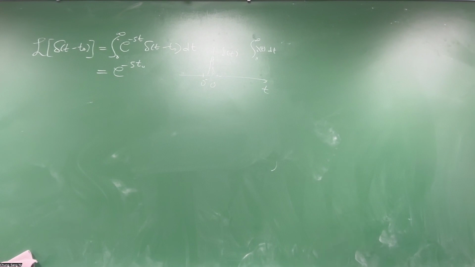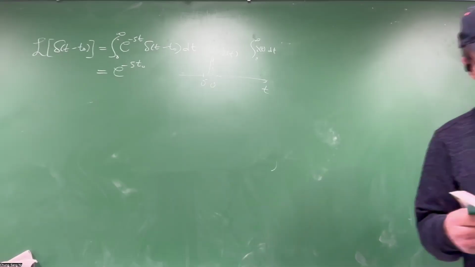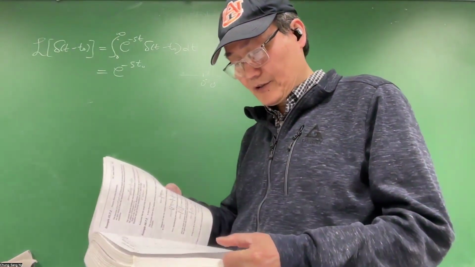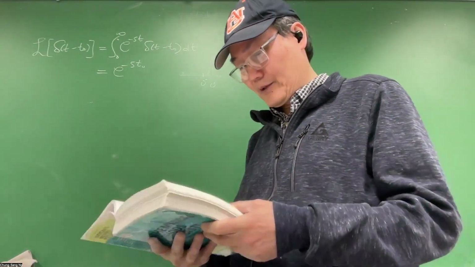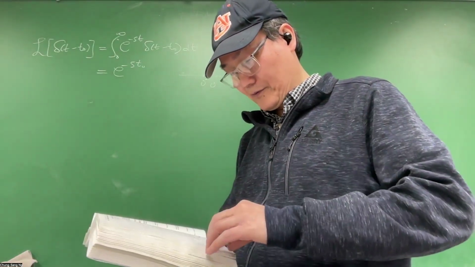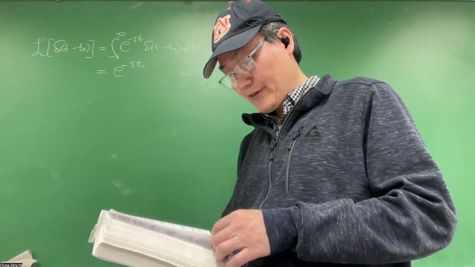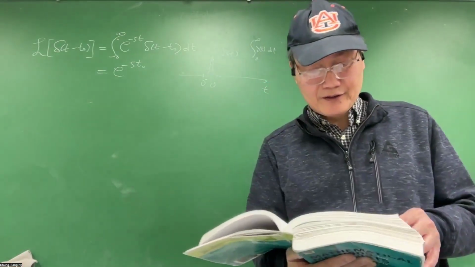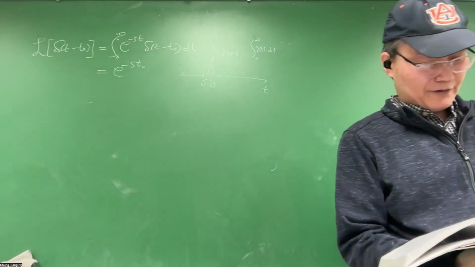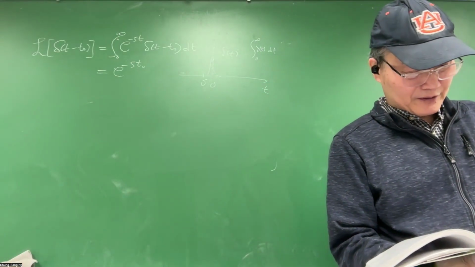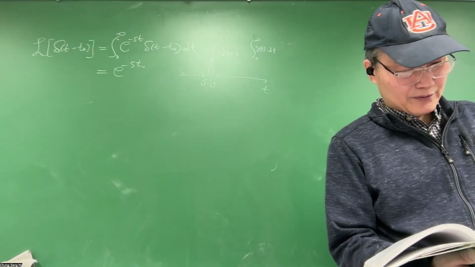But for now, for many purposes, you can use a lookup table, and the textbook has a very short table of just some basic functions. So this is the function, and the Laplace transform of that function, as a table.